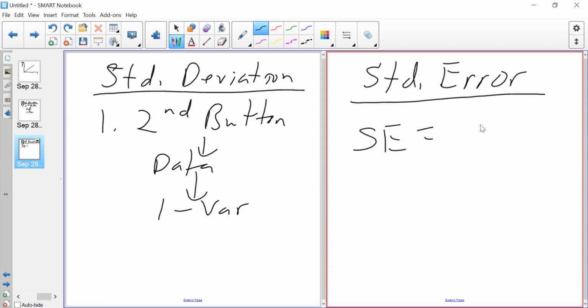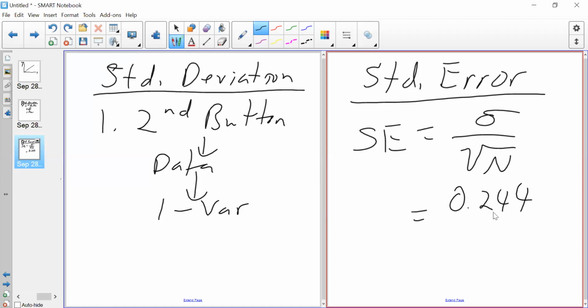And then the basic equation for that is standard deviation divided by the square root of the number of measurements. In this case, you have standard deviation 0.244 divided by the square root of 7. This is just my data here. Yours is going to be 5 data points.